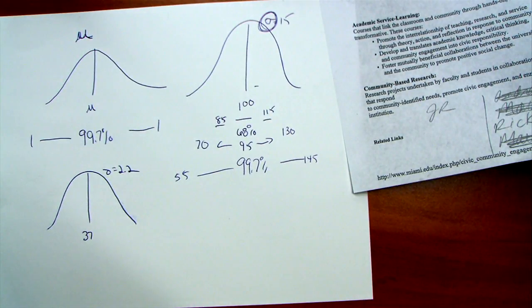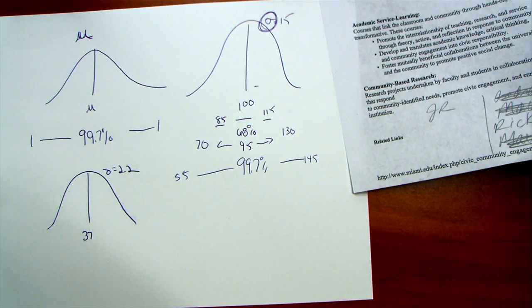So what good is that? Why might we use that? If that's the distribution, what's the odds that this project is going to take longer than 37 days? Because 37 is right in the middle. 50%.